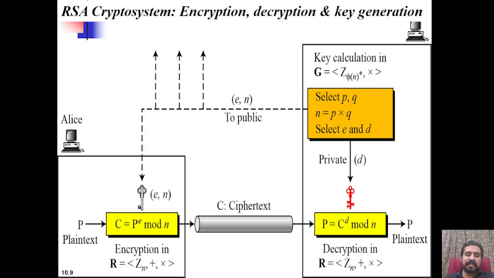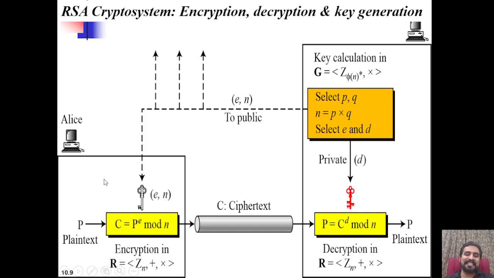Here we see Alice's side, where we send the message, the plaintext, which includes the formula for the ciphertext, which is the plaintext raised to e mod n. Using the public key (e, n), the encryption ring is used at the sender's end.